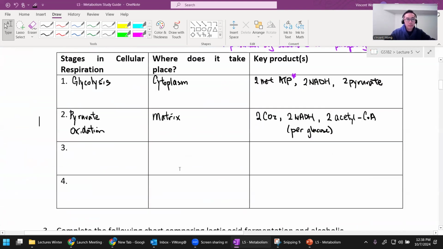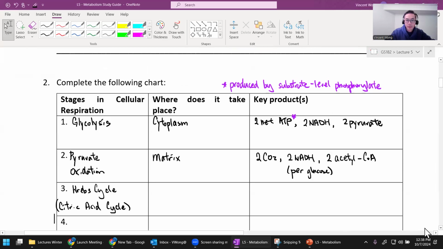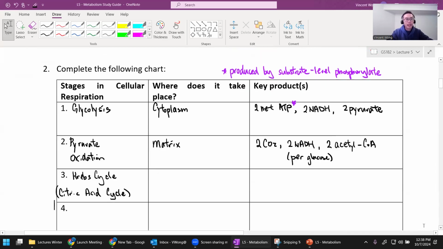Next we have the Krebs cycle, also known as the citric acid cycle. And it also happens in the matrix.